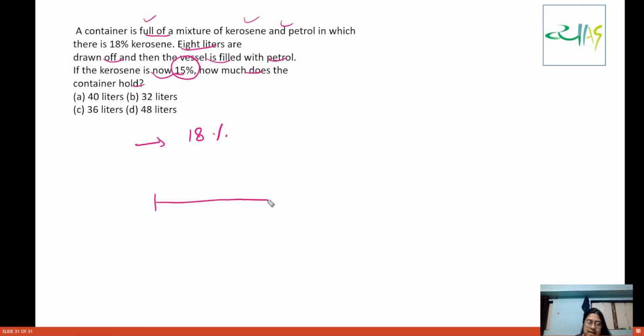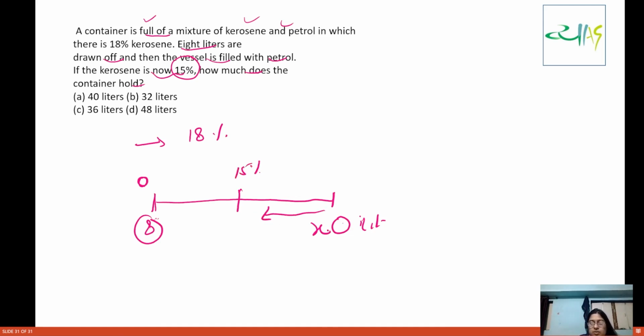So basically we have 0% kerosene in this 8 liters, and now this 8 liters is pulling this mixture down from 18% to 15%. Let us take the quantity as q or x liters. Earlier we had 18% kerosene, and now we are doing this in reverse.